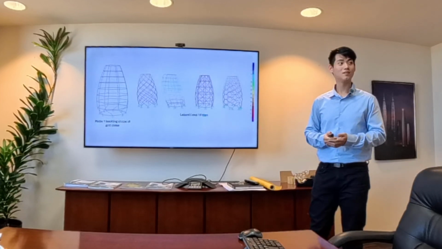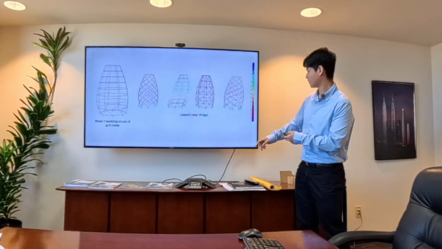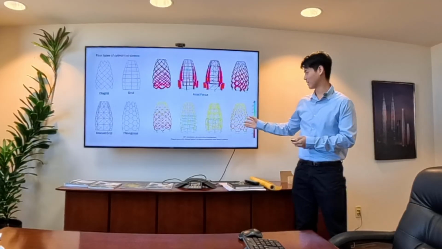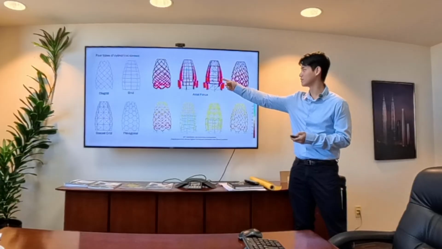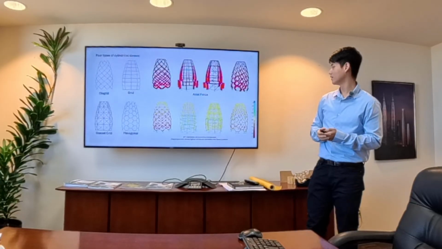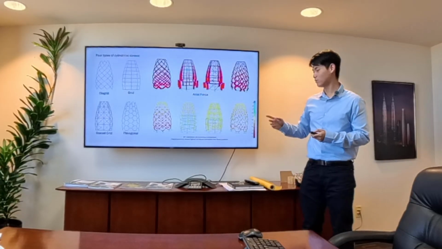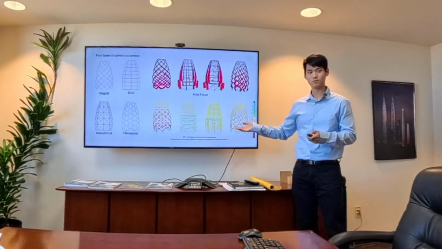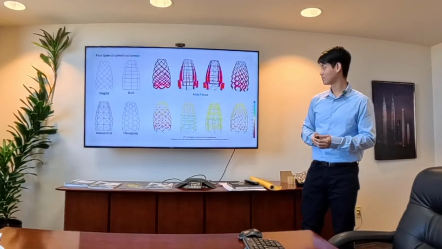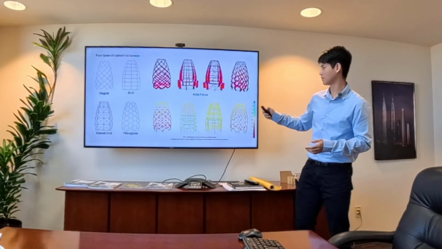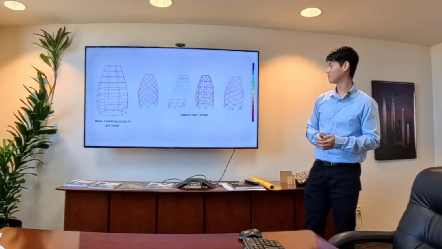So which is the most efficient one? This one. I think it makes sense because it provides a lot of lateral bracing compared to just the grid bracing. And although it uses a lot more material, it distributes the stress pretty evenly. And the lightest is the hexagon? Yes, I believe so.